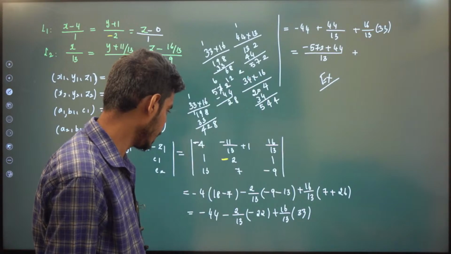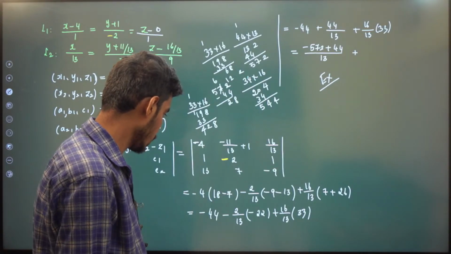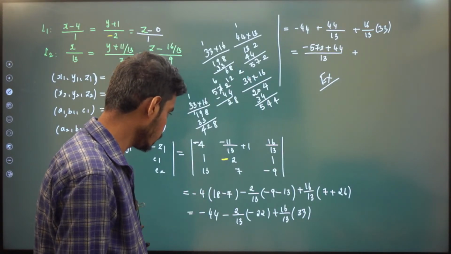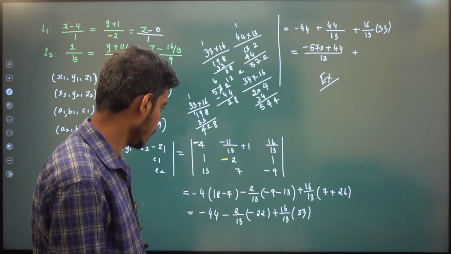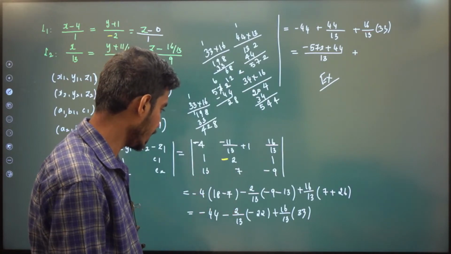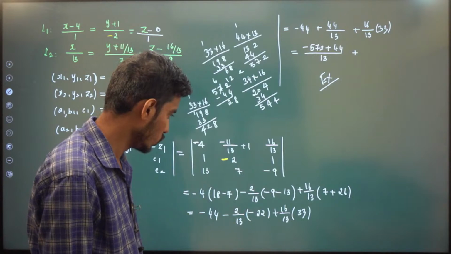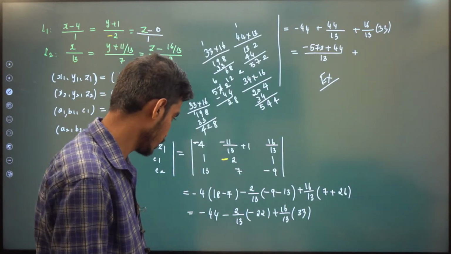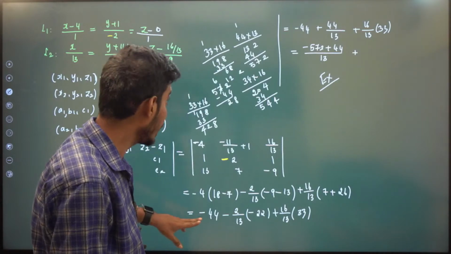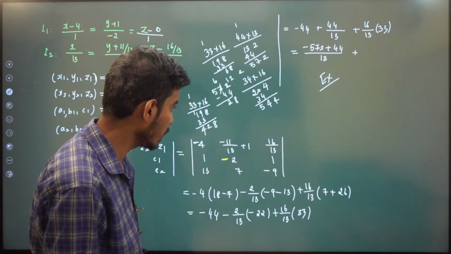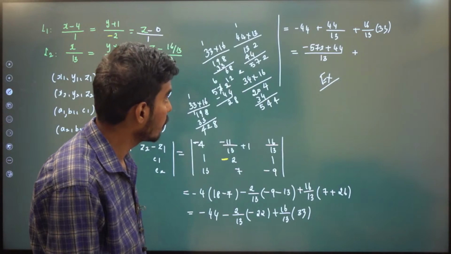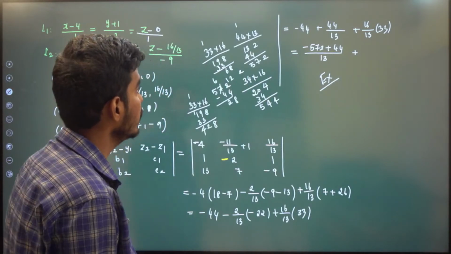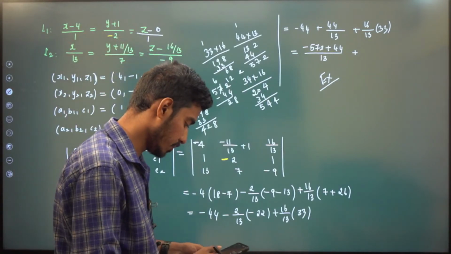So 18 minus 7 is 11. 11 into minus 4 is minus 44. So we'll have minus 2 by 13 minus 9 minus 13 will be minus 22. 16 by 13, 26 plus 1 will be 33. So we will have minus 44 plus 44 by 13 plus 16 by 13 into 33.